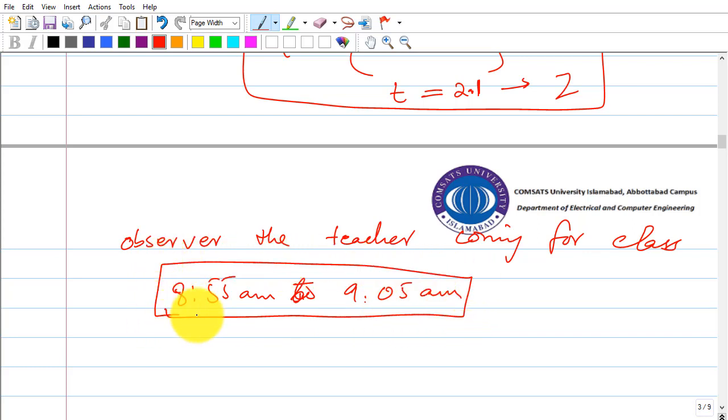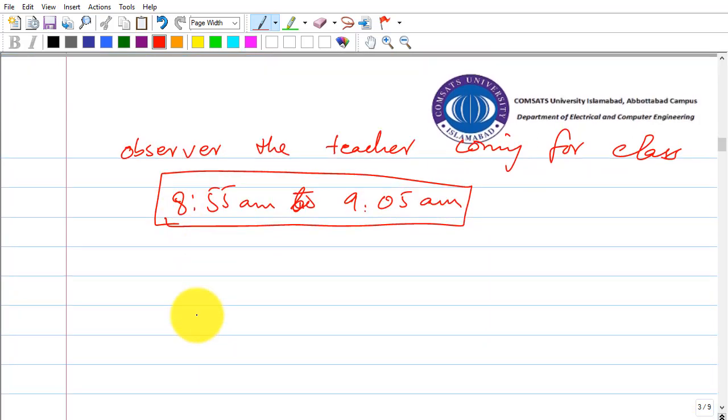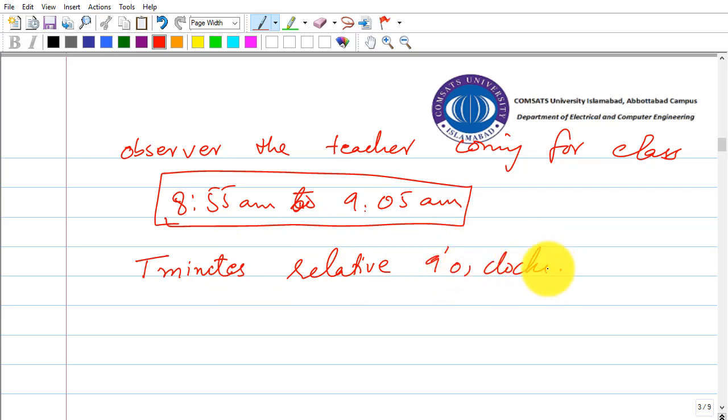If we take t minutes relative to 9 o'clock, then the range of t would be t less than or equal to 5, greater than or equal to -5.